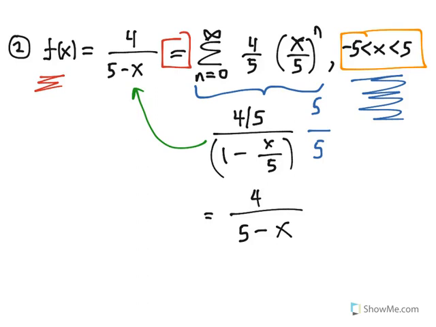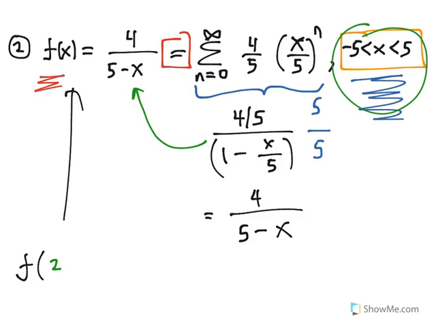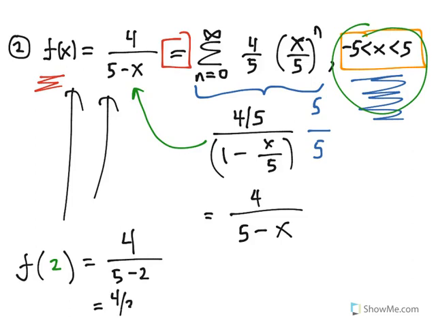So in fact, because of that, if you were to evaluate the function f at any x value from this interval, for example, let's say you want to find what f of 2 is. What is f of 2 equal to? F of 2, if you use the function, will be 4 over 5 minus 2. 5 minus 2 is 3, so this would be 4/3.